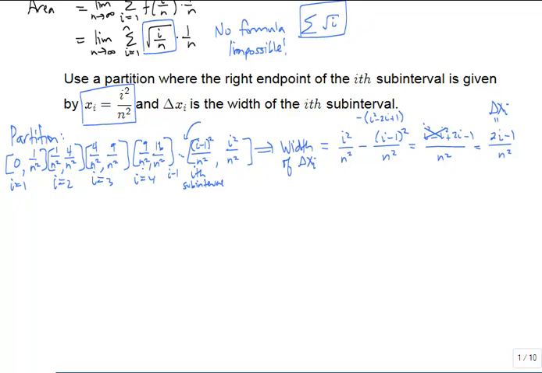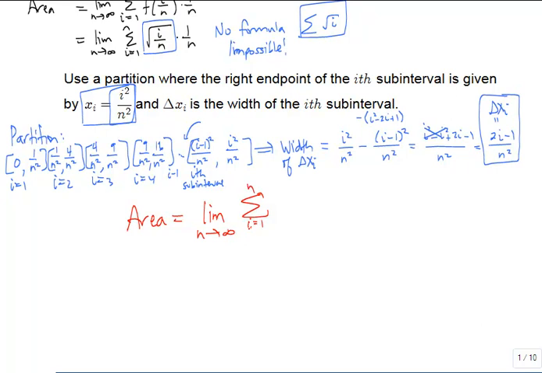Okay, so we have our right endpoint formula. We now have a formula for what our widths are going to be. We're ready to plug it into our limit definition of the area formula. So this is what it would turn into. The area is going to be the limit as n goes to infinity, that's what turns it into the exact area, of the sum from 1 to n.